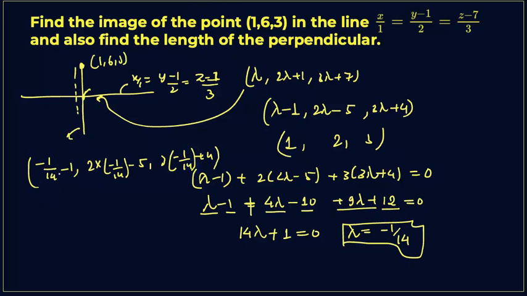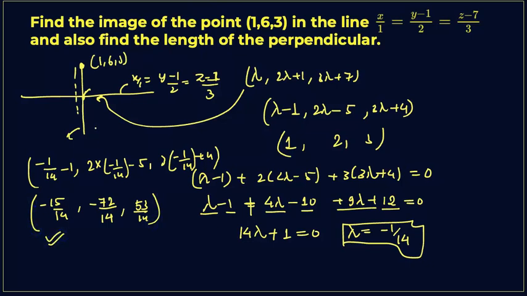And you will write it as (-15/14, you will get -72/14, and then 56 minus 3, that is 53/14). You will get it like this.